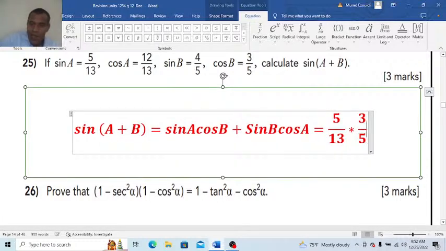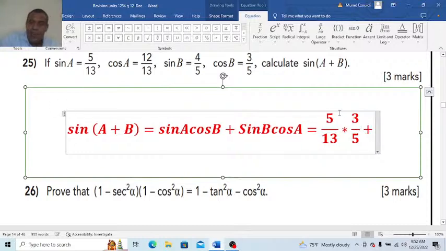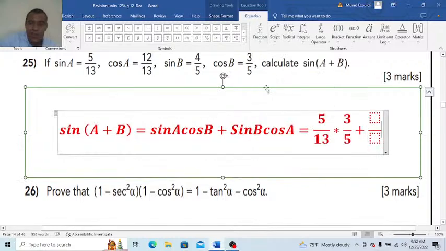Then plus what? This is sine of a, 5 over 13, and cosine of b is 3 over 5.